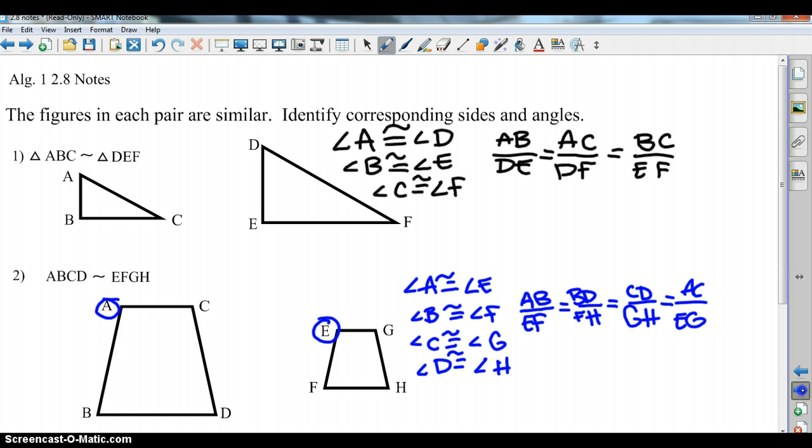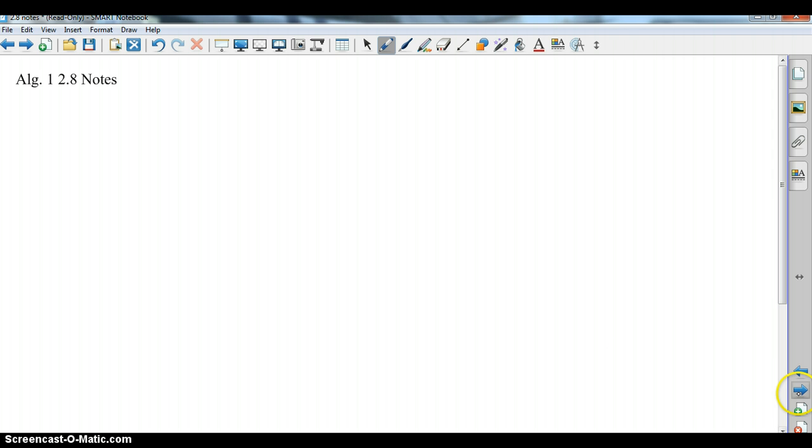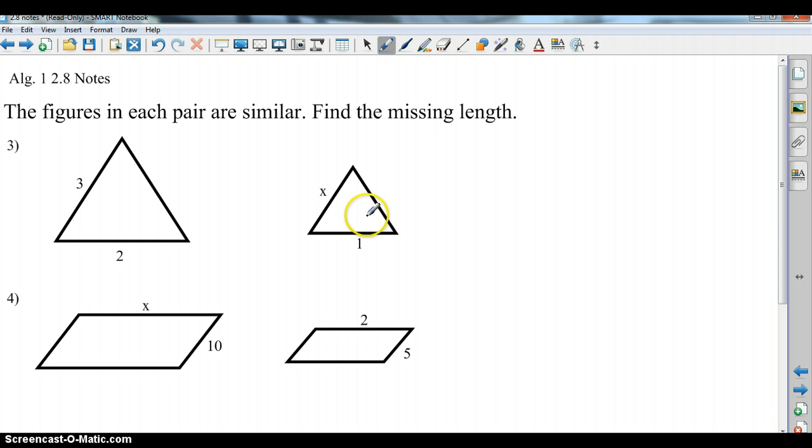We're going to move on to number 3. So for number 3, they're wanting to know what x is. So the figures in each pair are similar. Find the missing length. So since this side corresponds with this side of this triangle, and this side corresponds with this side of this triangle, we can write this as 3 over 2, and that's this triangle.